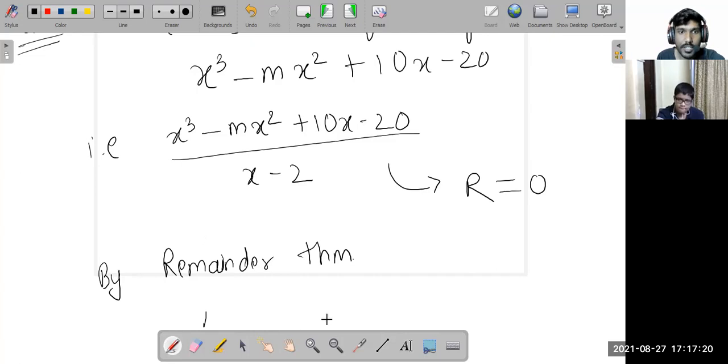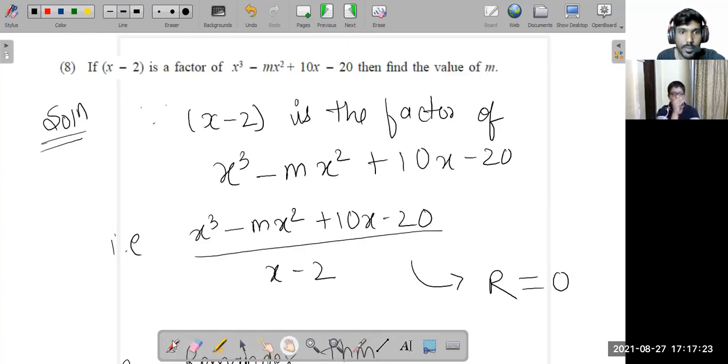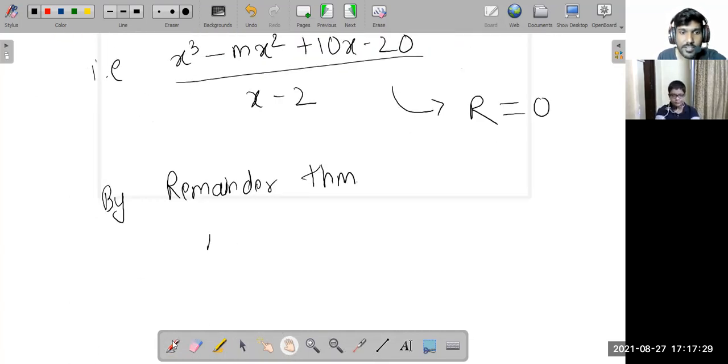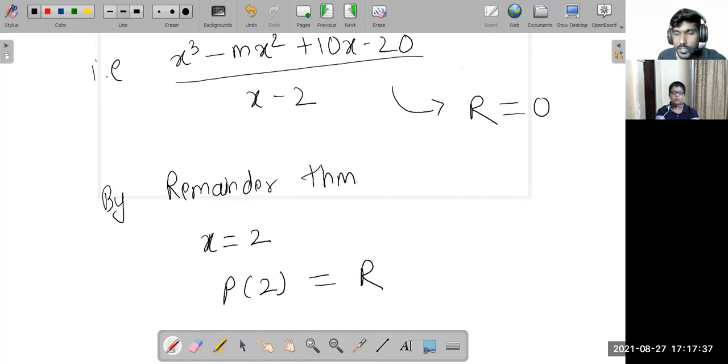So if you take this polynomial to be p(x), and you substitute x as 2, that means the value of the polynomial at 2 and the remainder are the same. Understood up to here? You understood why 2, no? Why 2?